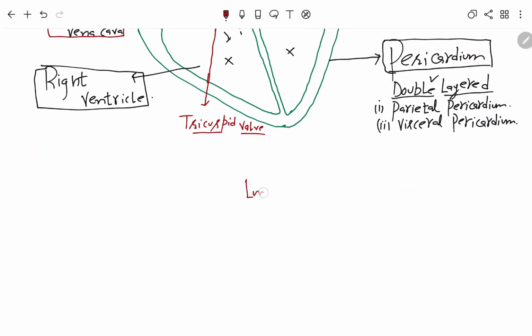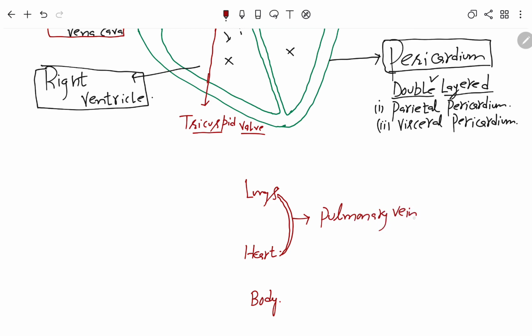So if we start the cycle from the lungs, let us suppose over here there is the heart, and over here let us suppose it is the body. From the lungs, oxygenated blood was brought by the pulmonary vein.